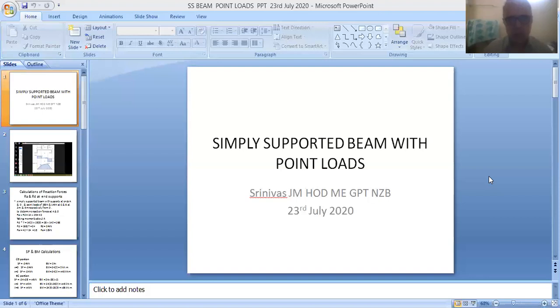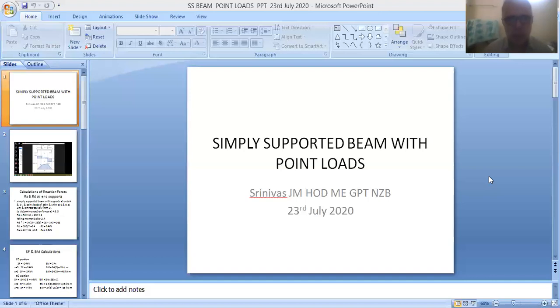And sometimes both the ends of the beam will be kept in fixed position. So if that is the case, it is called a fixed beam.